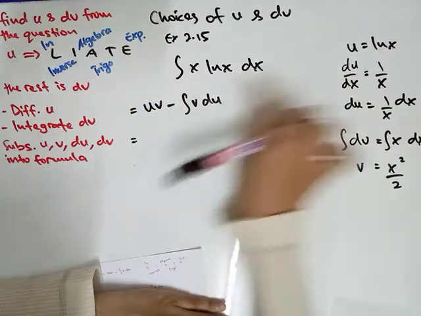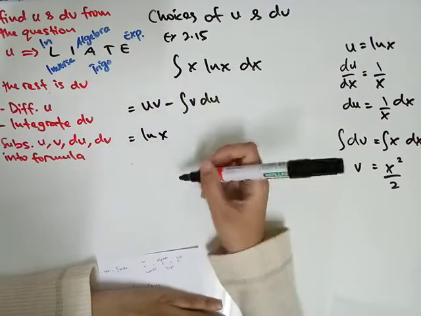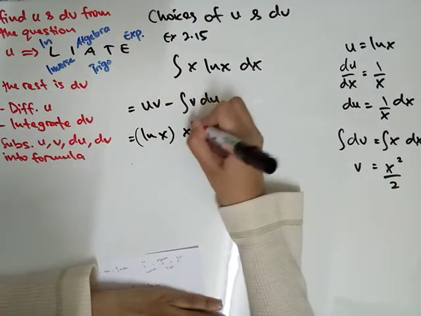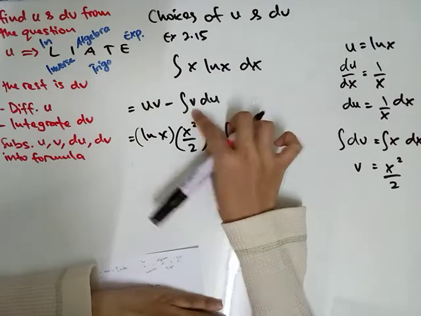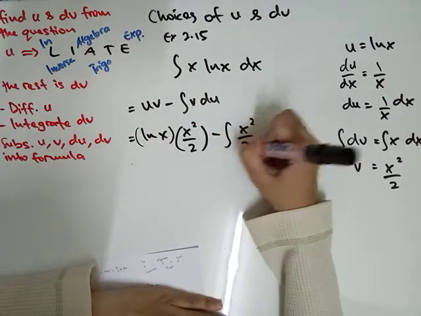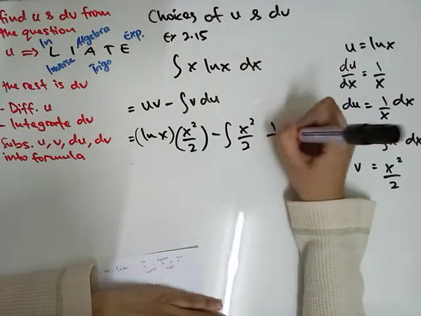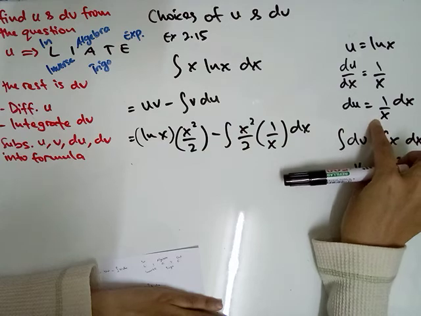So u is ln x, times v. v is x square over 2. Minus integrate v is x square over 2 also, times du. du is 1 over x dx.